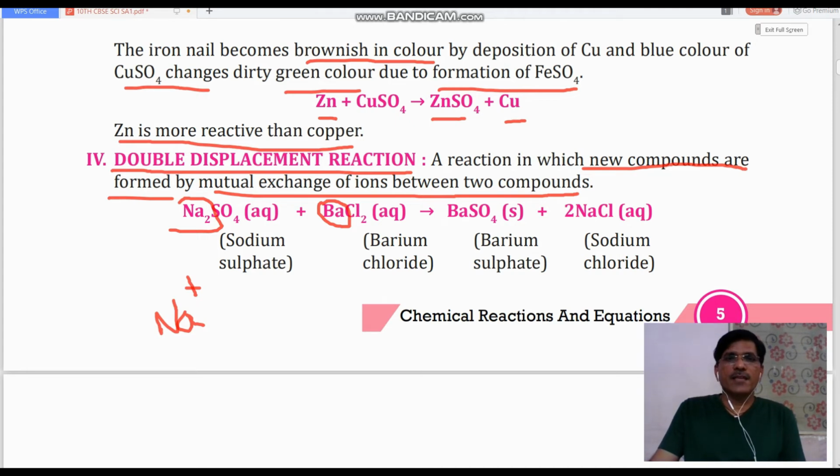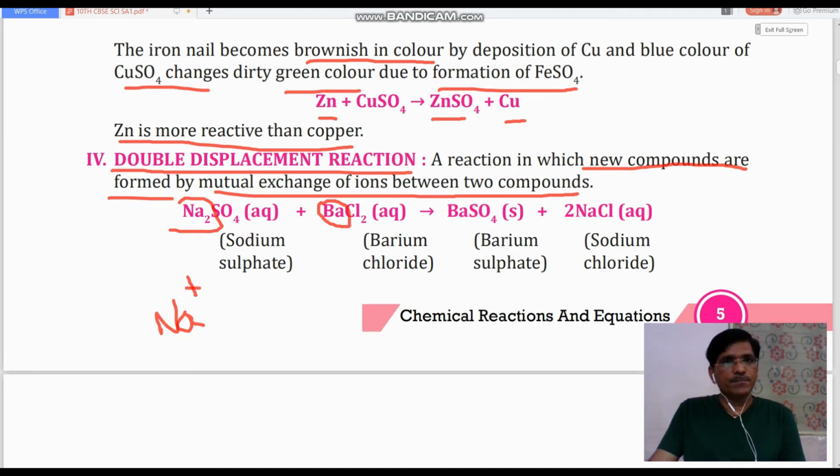Same thing, barium sulfate and NaCl: Na plus 1 and Cl minus, so NaCl. To balance the reaction, we have to write NaCl twice.